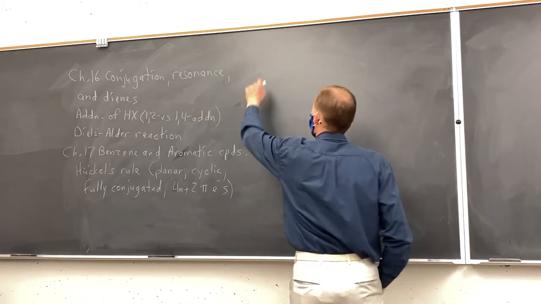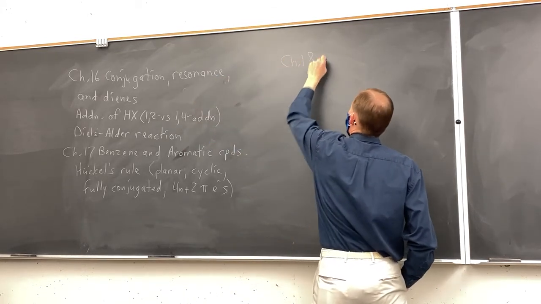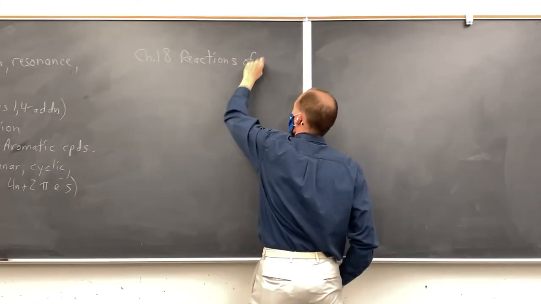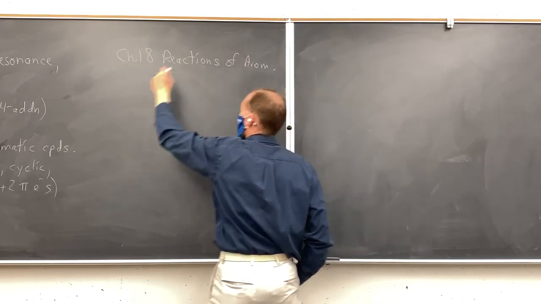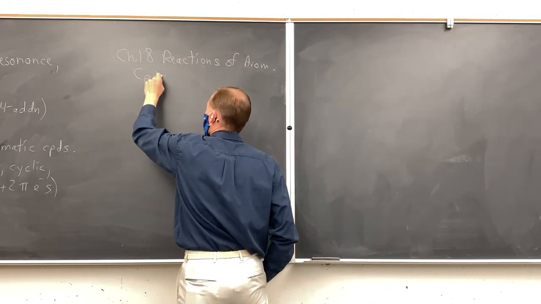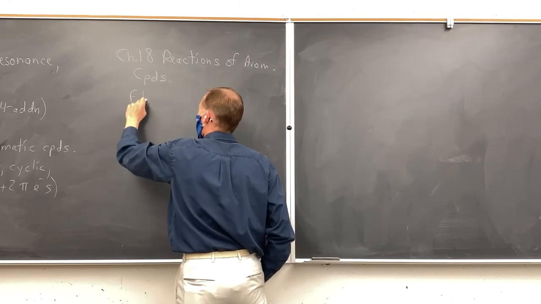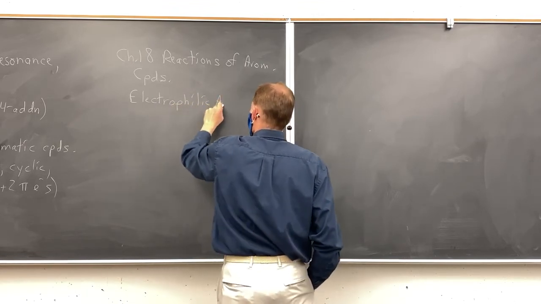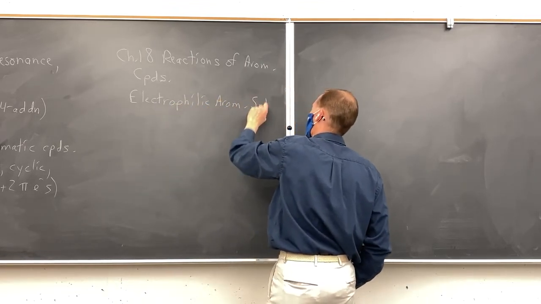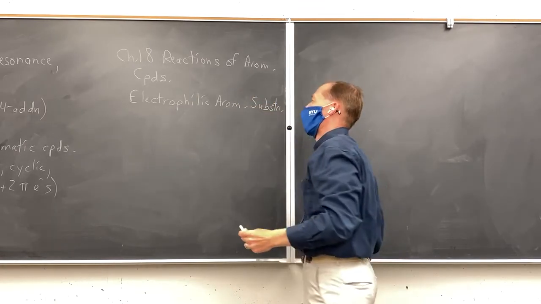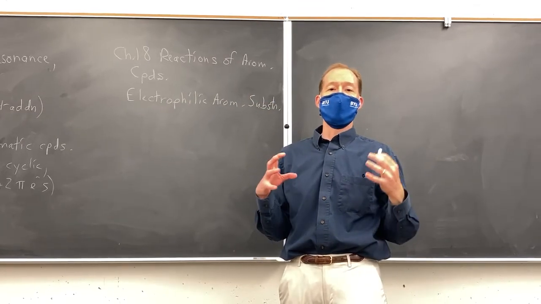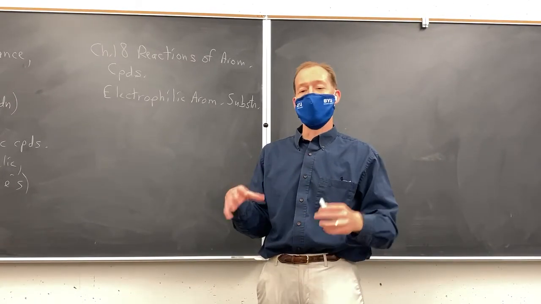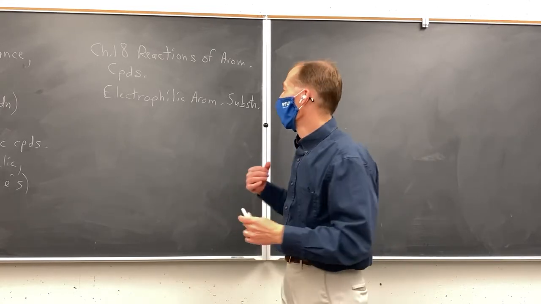Okay, then chapter 18 was called reactions of aromatic compounds. The main topic here was electrophilic aromatic substitution. We had a general mechanism for this reaction: generating an electrophile, and then that electrophile being attacked by the benzene ring, giving us that resonance stabilized cation.